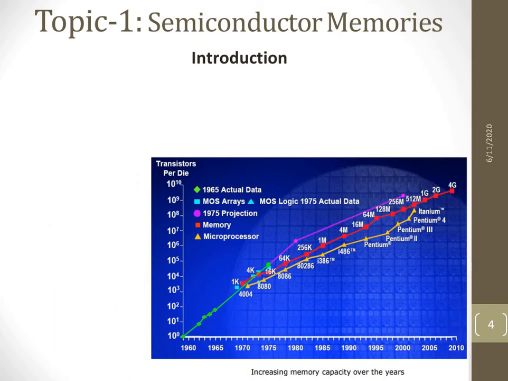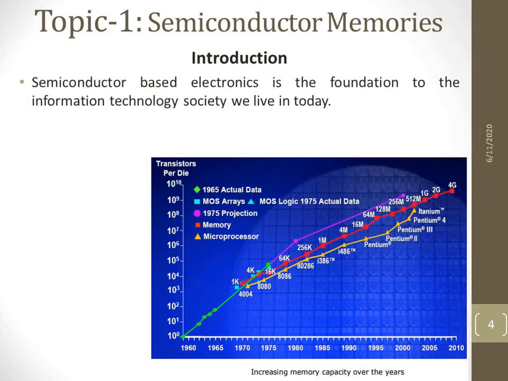If you look at the graph of the demand for memory capacity over the years, it keeps on increasing. The demand for memory and the capacity of the memory keeps increasing.